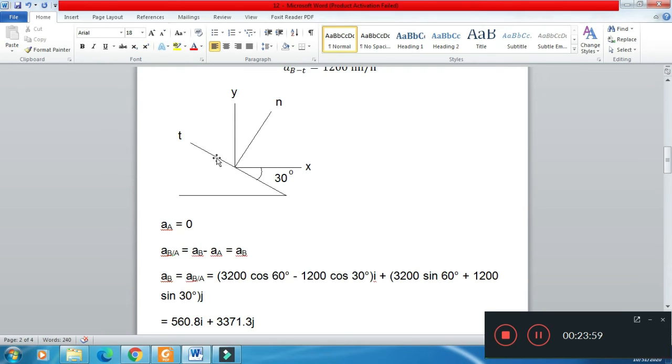Similarly, we obtain the y component due to tangential acceleration: 1200 multiplied with sine 30. After solving, we get 560.8 i plus 3371.3 j. So this is the acceleration of B in terms of rectangular components.